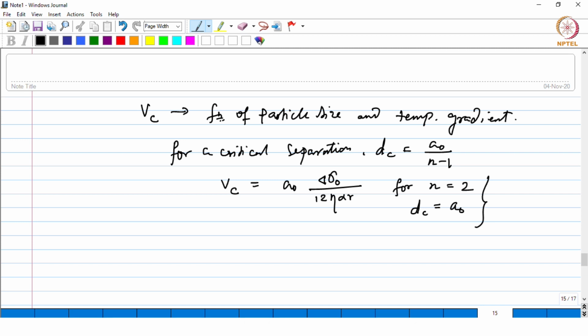So apart from the previous factors that we discussed, that is the nature of the interface and the forces acting on the particle, the critical velocity of the solidification front will also influence the pushing and engulfment of particles and thereby affect the distribution of the particles in the final solidified composite.